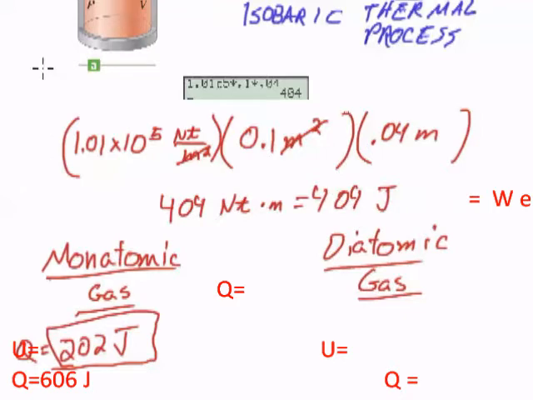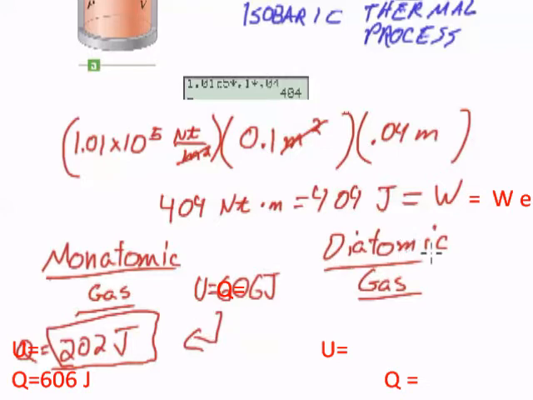202 joules put into the gas as just straight heat, 404 joules in the form of work, with the internal energy being 606 joules.